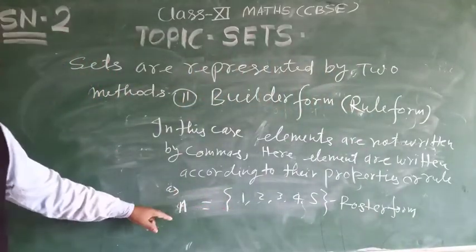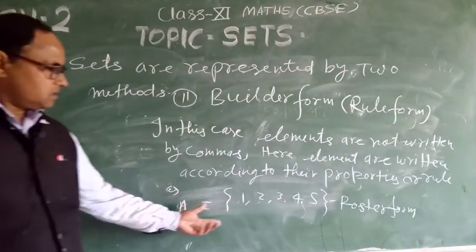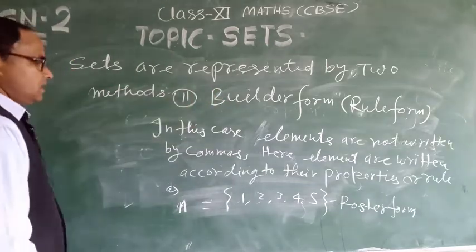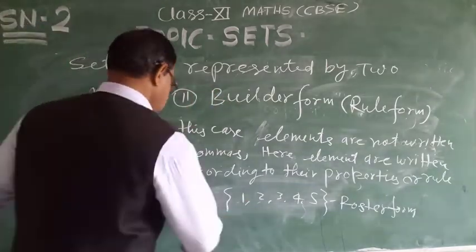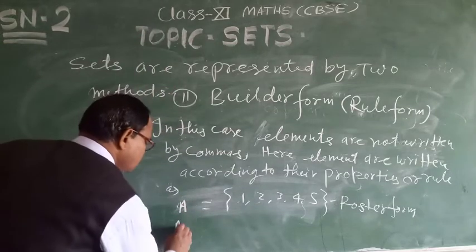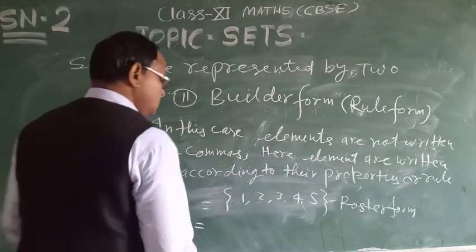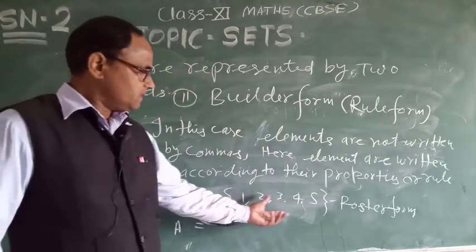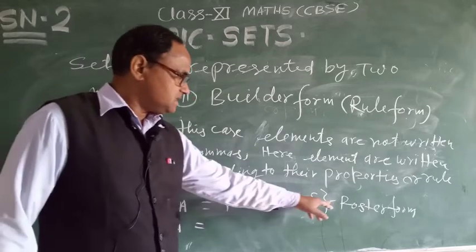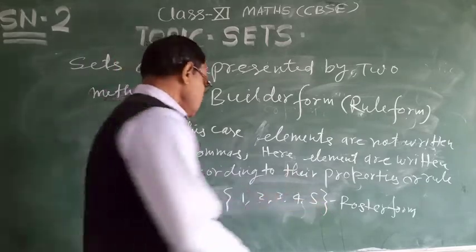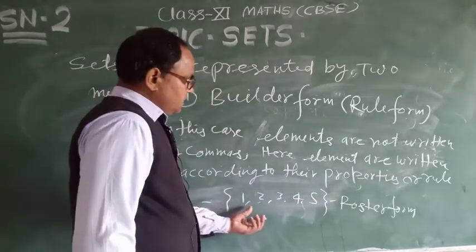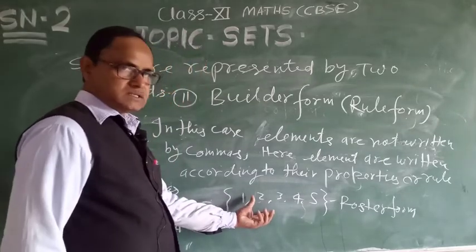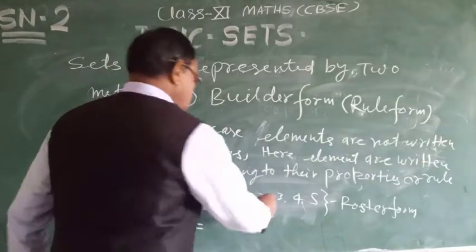Okay student, but the roster form is converted into builder form according to the properties of the elements. Here A is equal to {1, 2, 3, 4, 5}, which are natural numbers less than 6. Okay, here we let all elements be x.